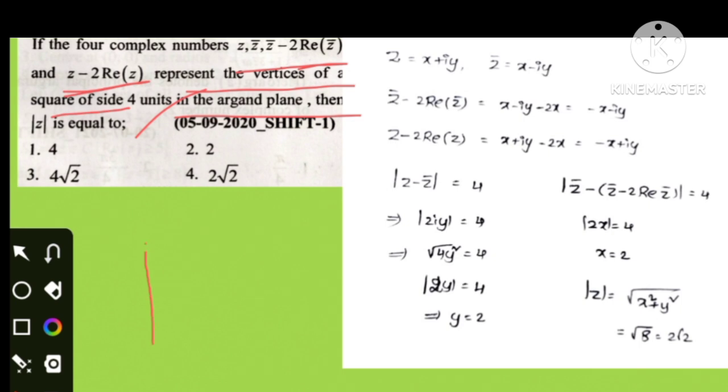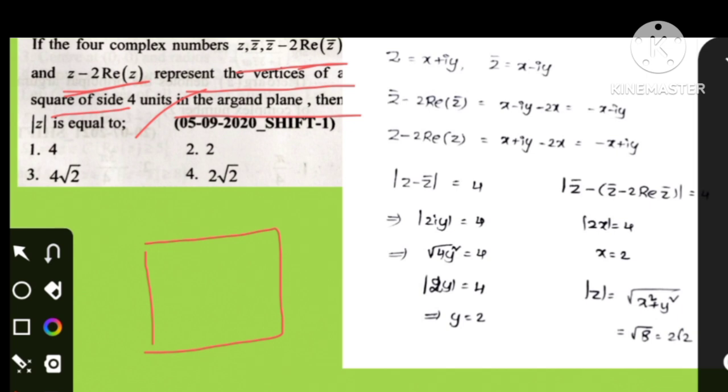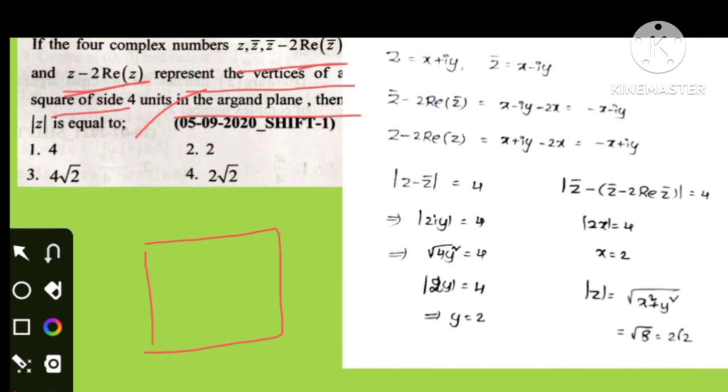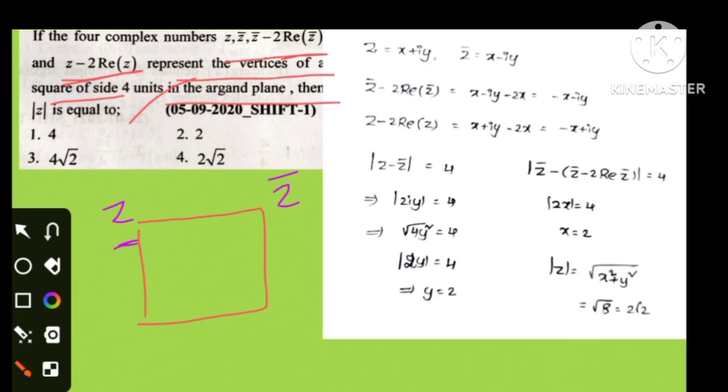What is given? If the 4 complex numbers represent the vertices of the square, that is the complex number z, second one z bar, third one z bar minus 2 into real z, and the last one z minus 2 into real z.